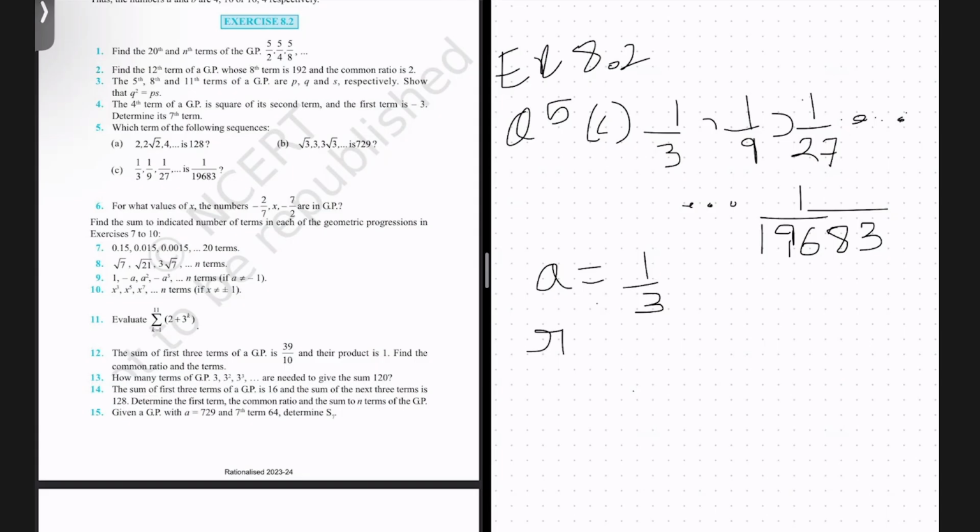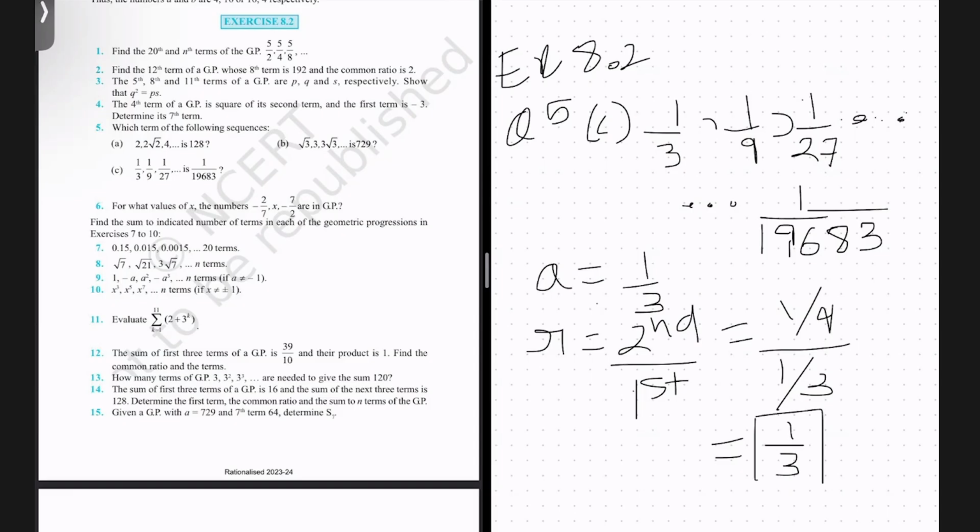The common ratio R can be found out by dividing the second term by first term. Doing that, we have 1 by 9 divided by 1 by 3. And now, doing that, the common ratio that we find out is 1 by 3. Correct? Moving on. So the common ratio is 1 by 3, and the first term is also 1 by 3.